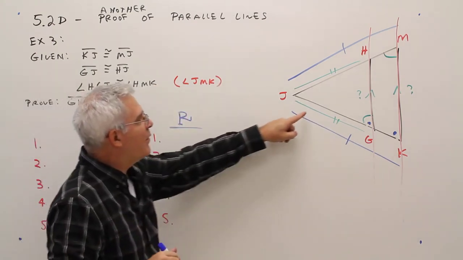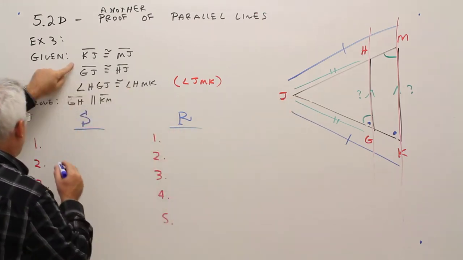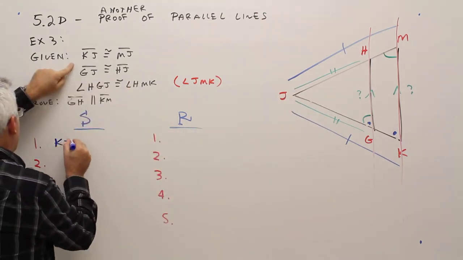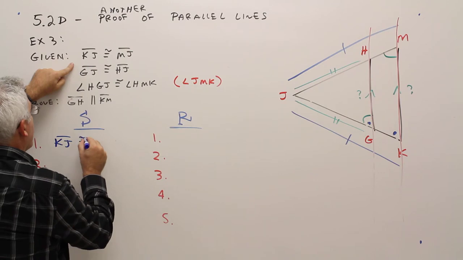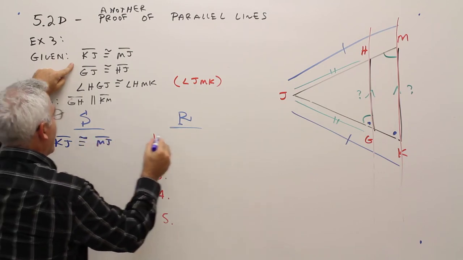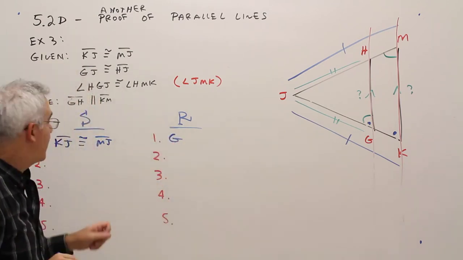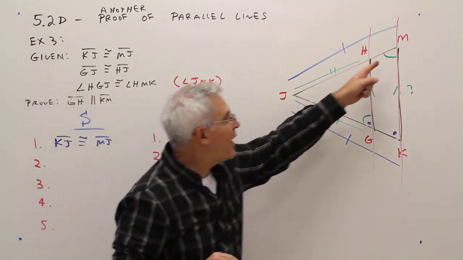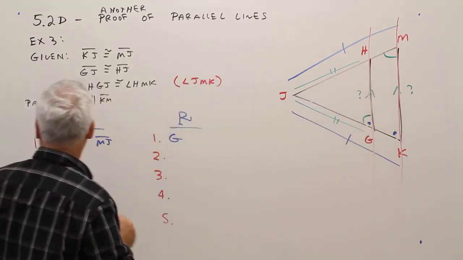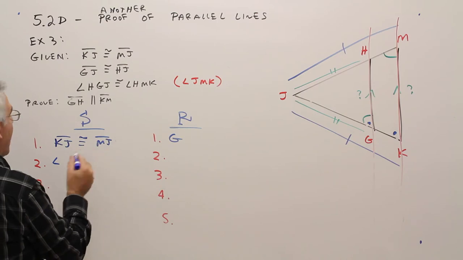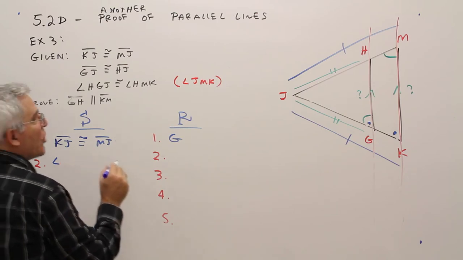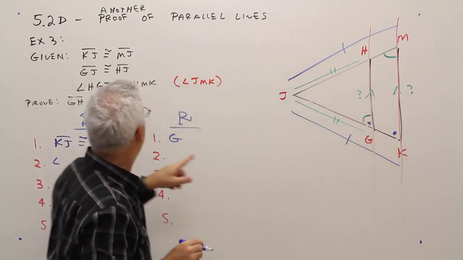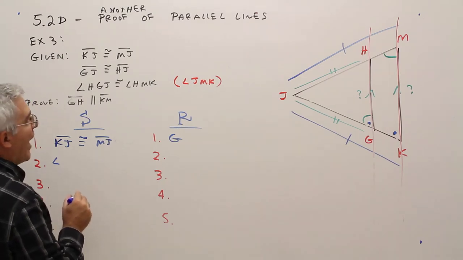So I'm not even using those steps over there. So KJ is congruent to MJ, that was given. From that, I'm getting these angles here, okay? Angle, I'll start it off as JMK, but I could really call it HMK.